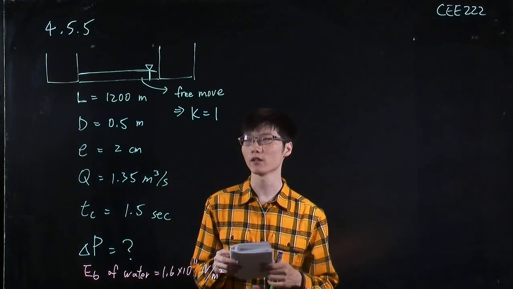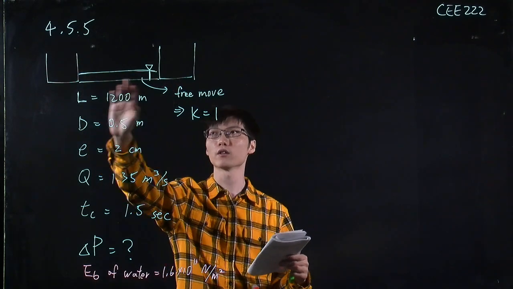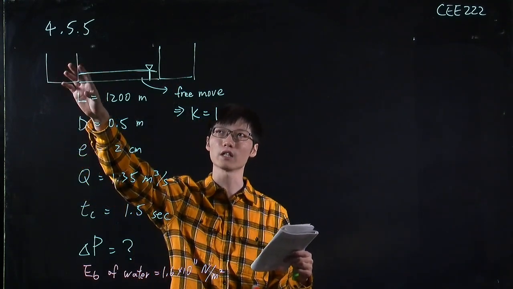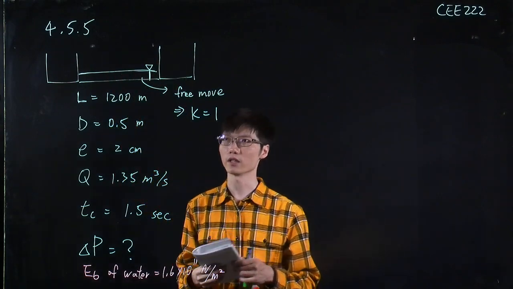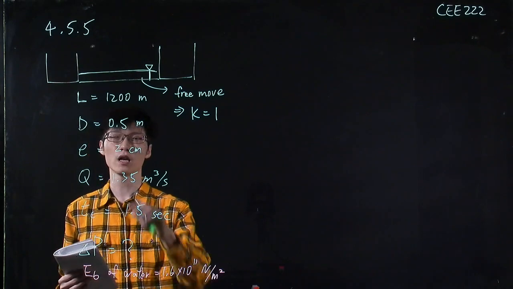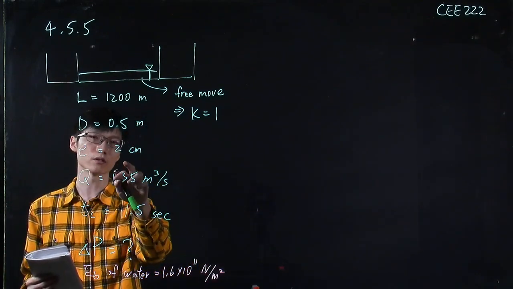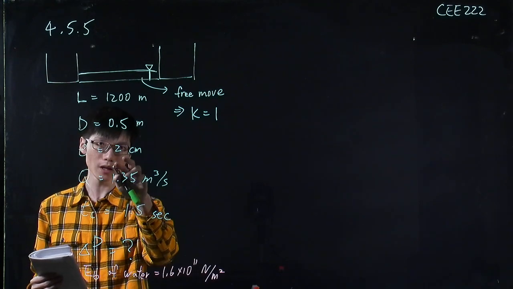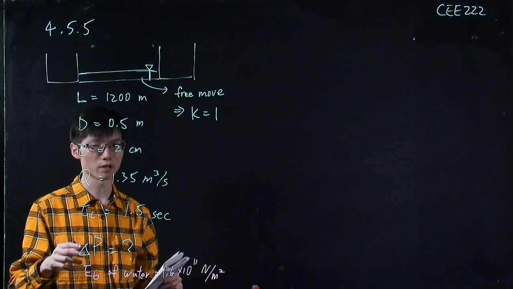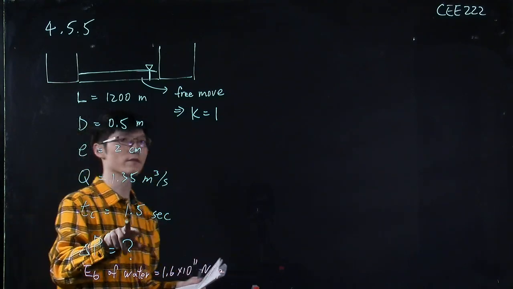In this question, we have a pipeline linked to reservoirs to deliver water from the upstream reservoir to the downstream reservoir. The length is 1,200 meters, the diameter is 0.5 meter, the thickness of the pipe is 2 centimeter, the flow rate is 1.35 cubic meter per second, and the given closure time is 1.5 seconds.